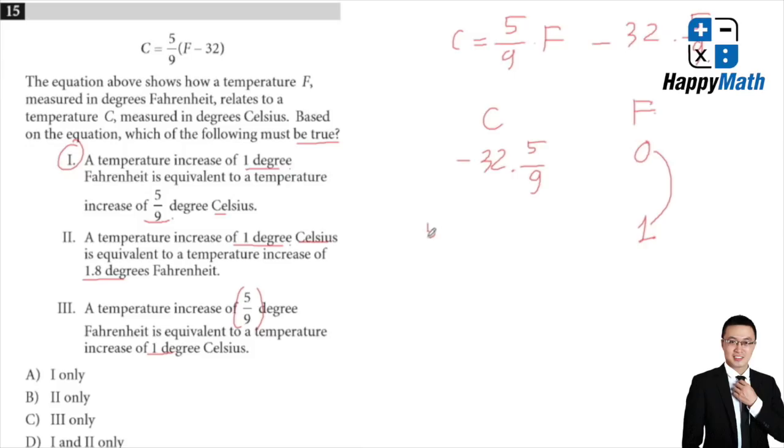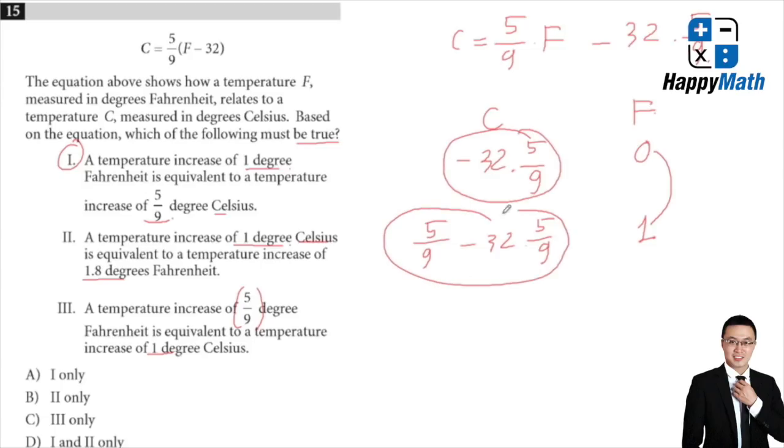So C will be, from here changing to here, it means it will add 5/9. So when F increases 1 degree, the C will increase by 5/9 degree Celsius. It's right. Okay, 1 is right.